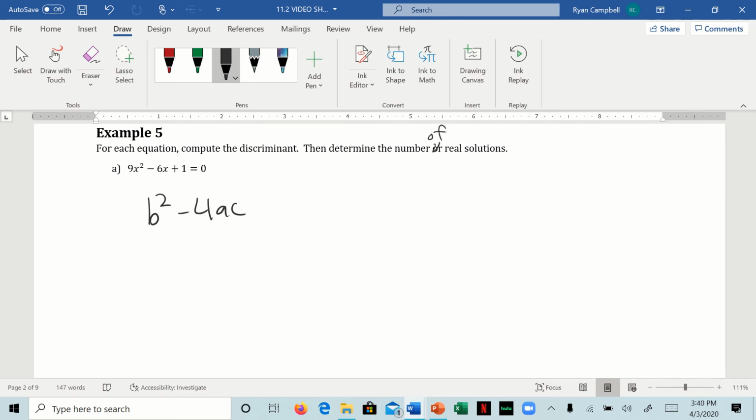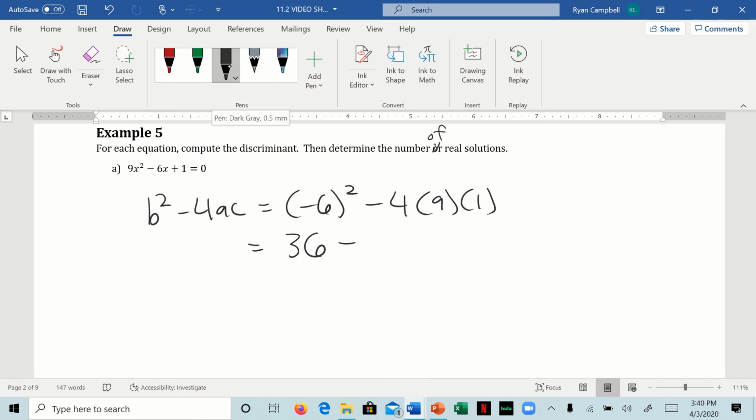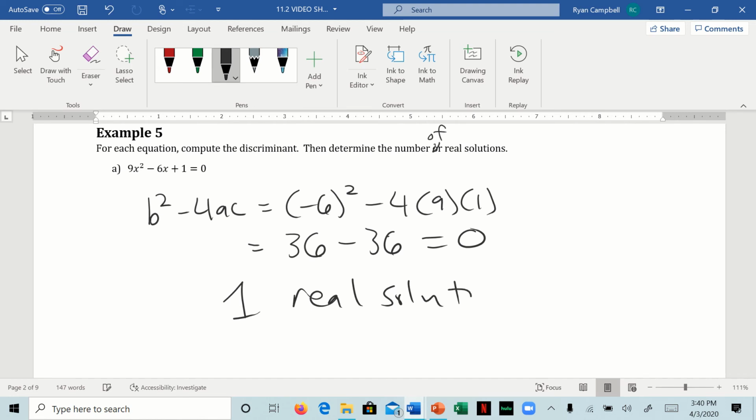So negative 6 squared minus 4 times 9 times 1. Negative 6 squared is 36. 4 times 9 is 36, times 1 is 36. So we get 0. Since it equals 0, when you take the square root of 0, you end up with 1 real solution.